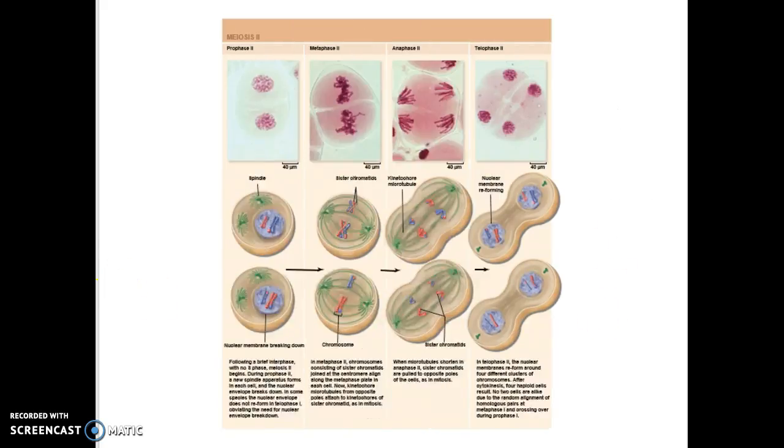Okay, so here's our overview of meiosis 2. So prophase 2, you have 2 cells, chromosomes condense, they get ready, everything's getting organized. Metaphase 2, 23 chromosomes line up across the center of that cell. And then we go into anaphase 2.